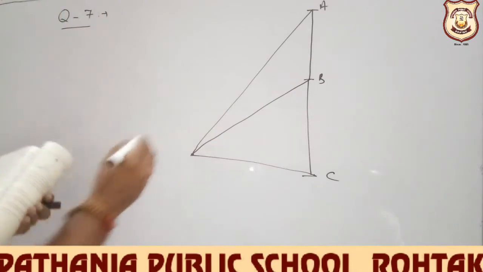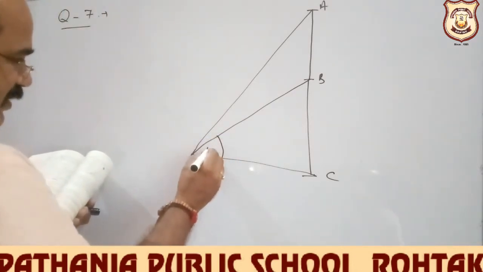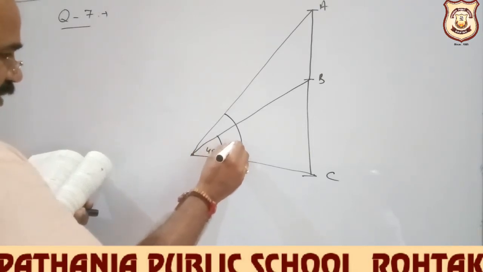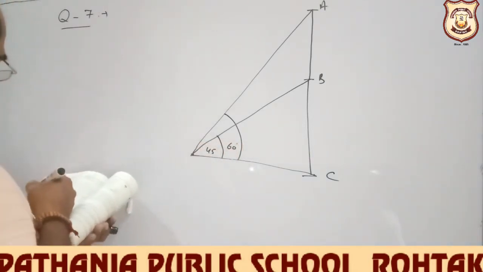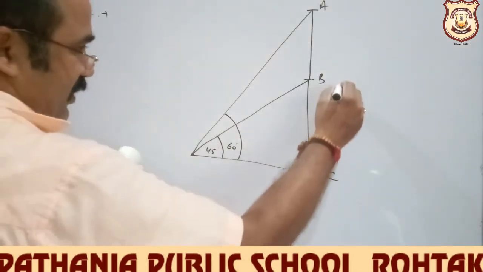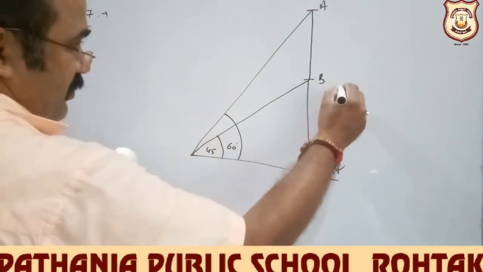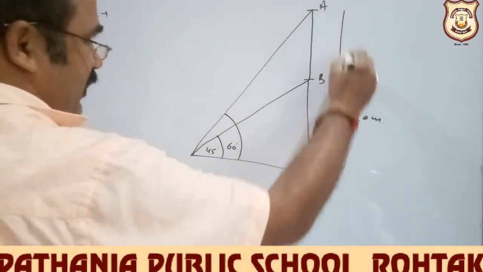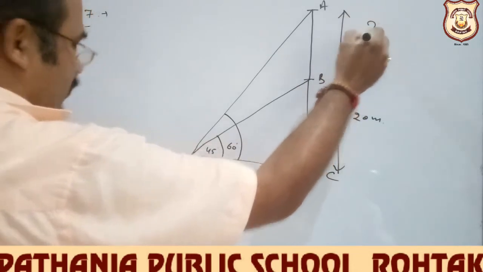One angle is of 45 degree. Another one is of 60 degree. So the building height is given as 20 meter. They are saying find the height of the tower. This one they are asking.